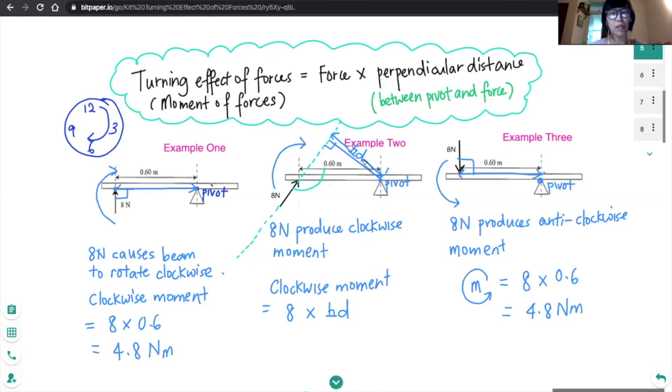And just to give you an idea, this perpendicular distance definitely would be shorter than 0.6 meters because 0.6 meter is like a hypotenuse of a triangle, right? You can pause the video and take a second look. Right, I hope this helps you understand how forces cause the beam to rotate. Thank you.